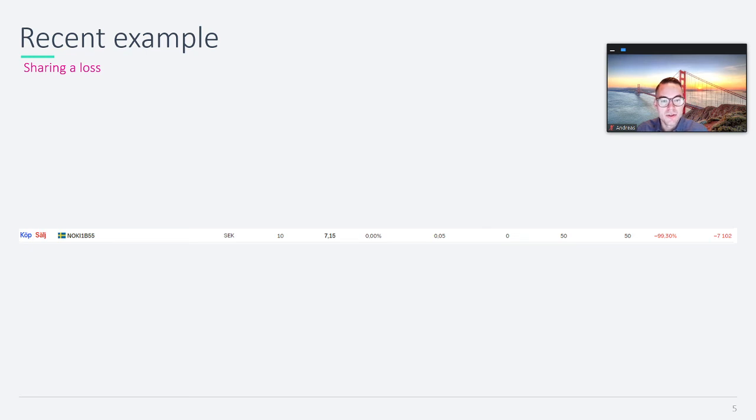Well, you can see a 99.3% drop in the value of this financial instrument. Now, 7,100 Swedish kronor, that's about $800 give or take. This is the type of small amount of betting that I'm comfortable with doing in options.